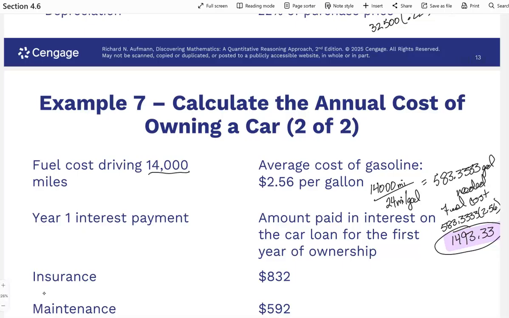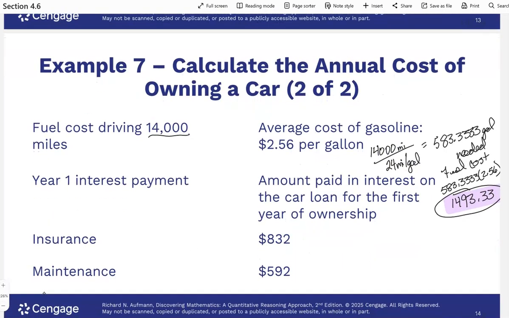So now we have to figure out interest, and then we know the annual insurance and maintenance fees for this. To figure out that interest, we just care about the interest for the first year because we're looking at the cost of owning that car for that first year.